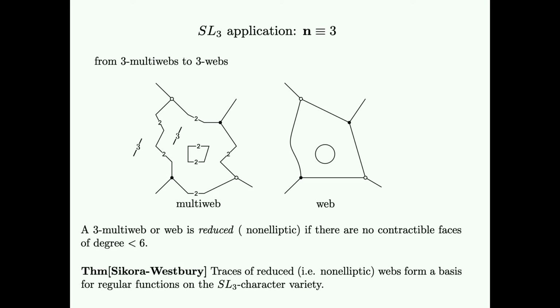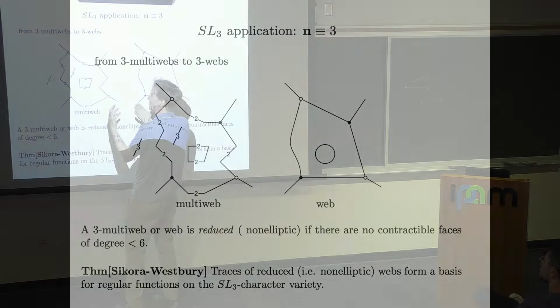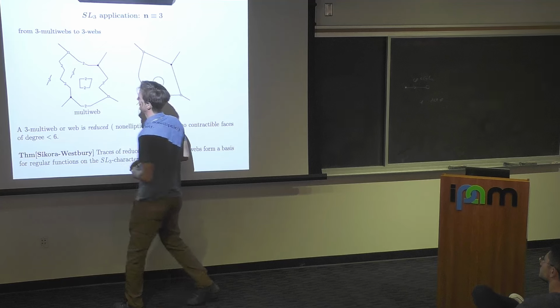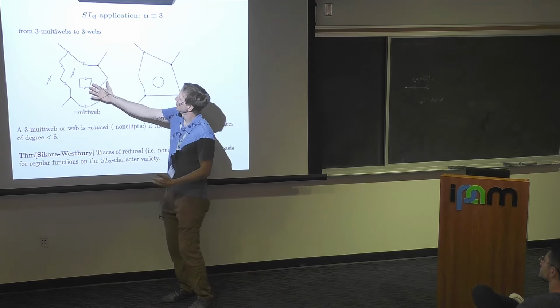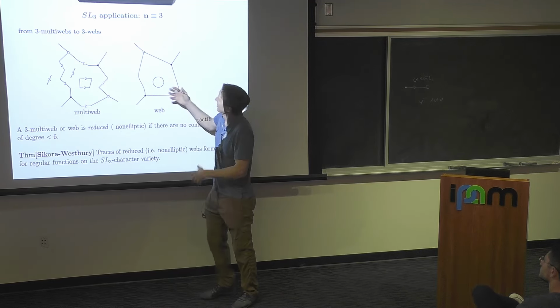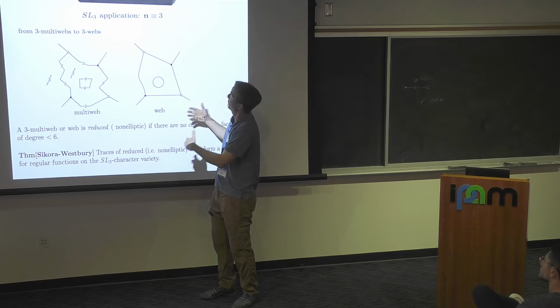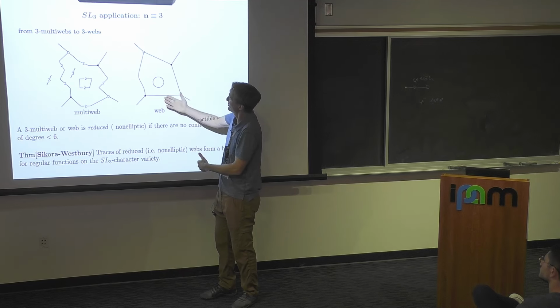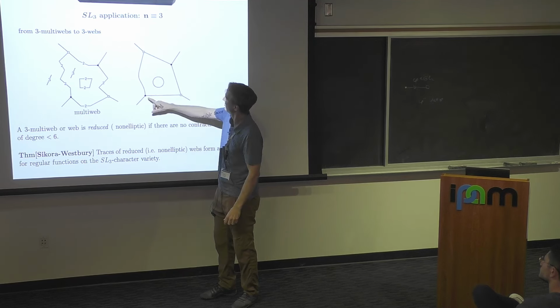So there are some chains consisting of edges of multiplicity 1, 2, 1, 2, 1, 2, and then there are some vertices of degree 3 with 3 multiplicity 1 edges around them, and then there are some triple edges, and that's what our typical multiweb looks like. There's an associated abstract planar graph, which is the web, which is a degree 3 graph, and it may have some floating components.